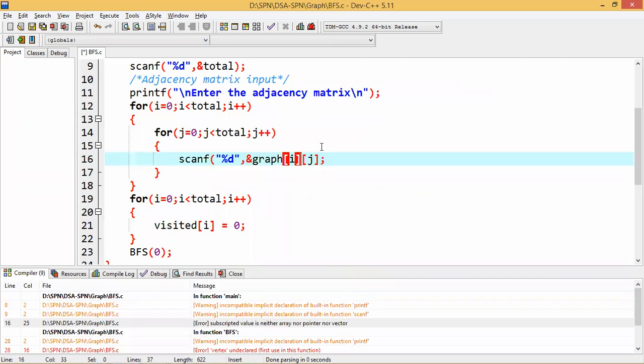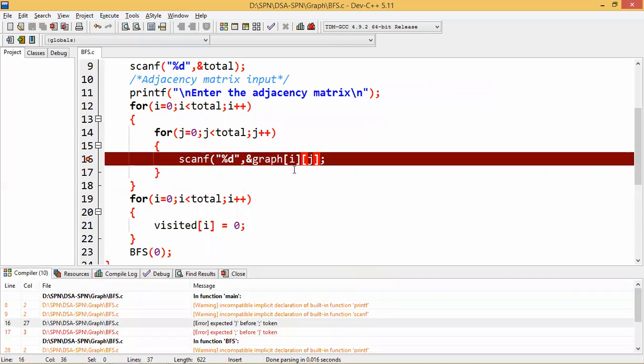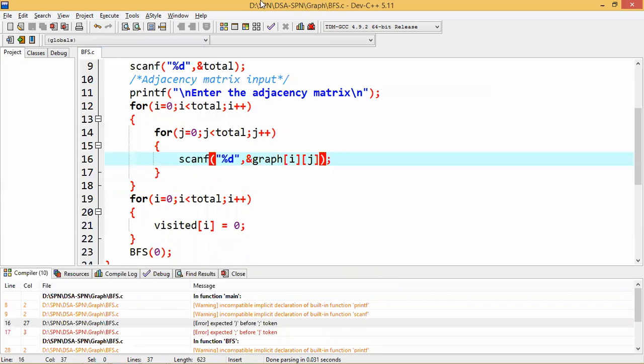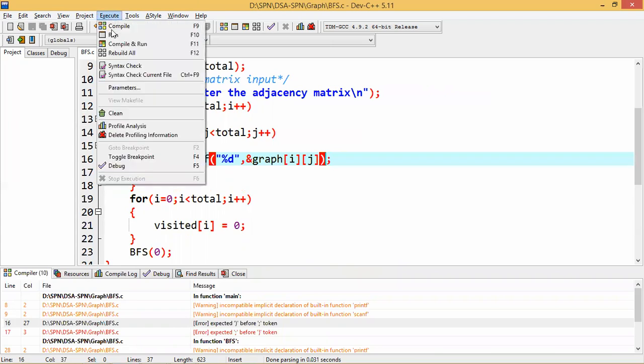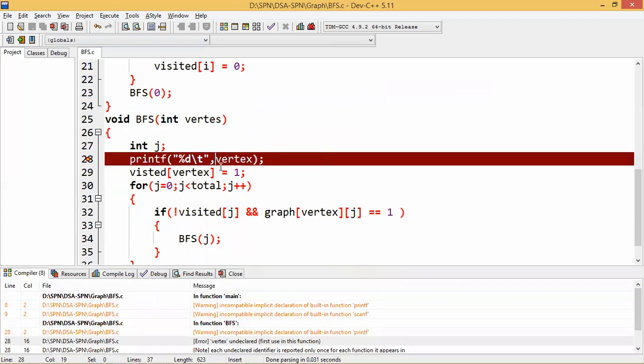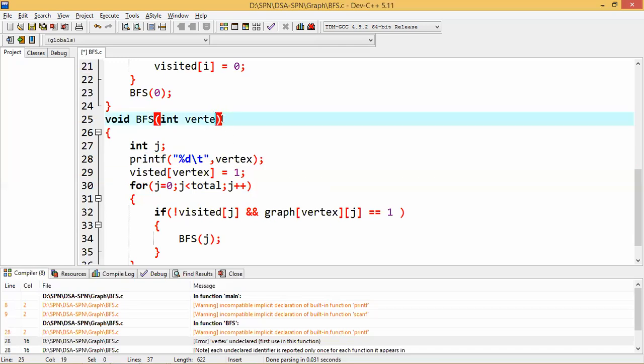Okay, so there is one extra bracket here. Spelling mistake.